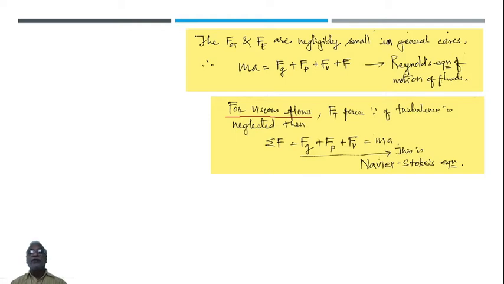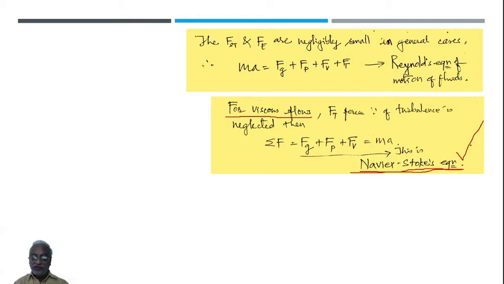This equation is familiarly known in fluid mechanics as the Navier-Stokes equation, a very famous equation, which involves three forces: gravity force, pressure force, and viscous force.